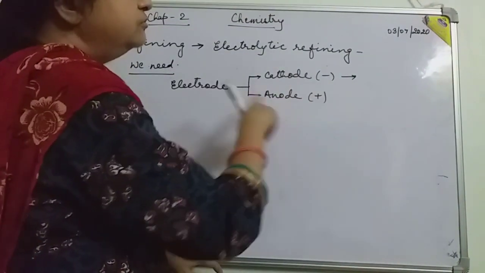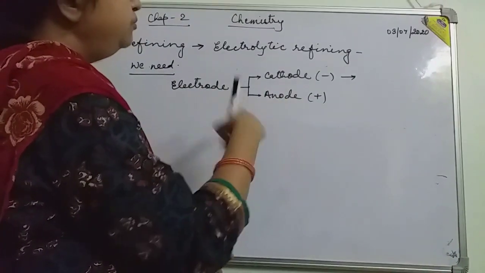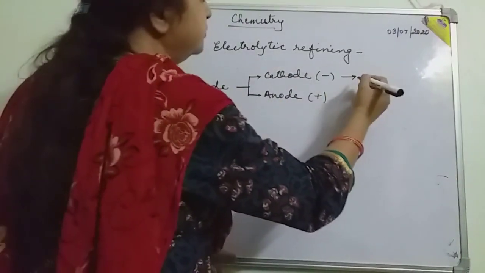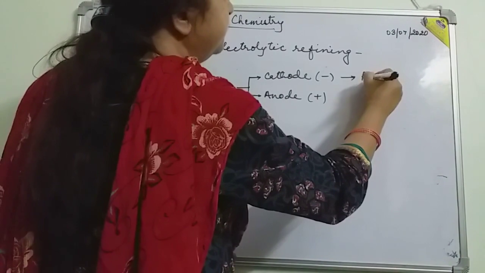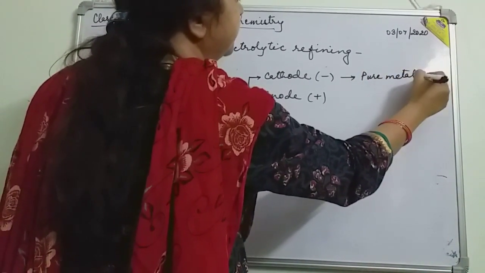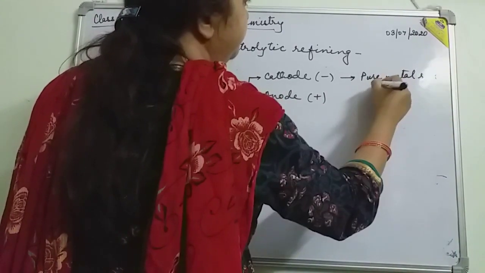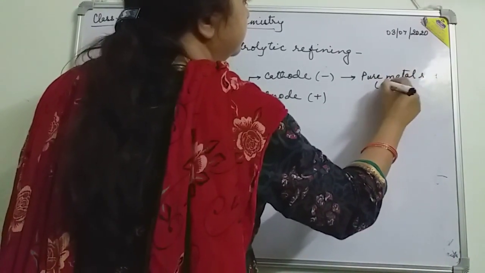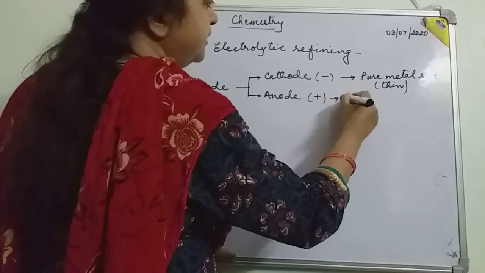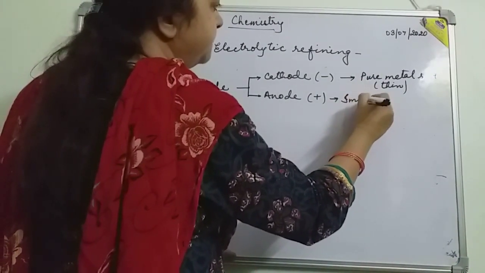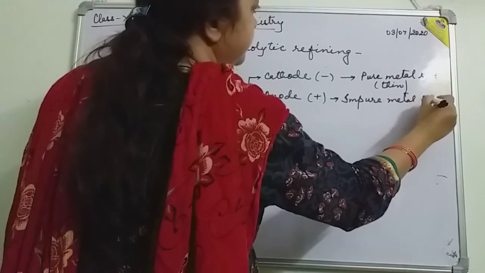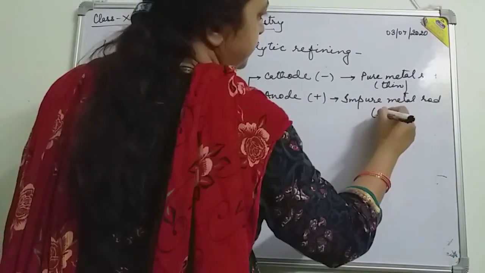We need to purify the metal. At the cathode we take a thin pure metal rod, and at the anode we use an impure metal rod, which is naturally thick.